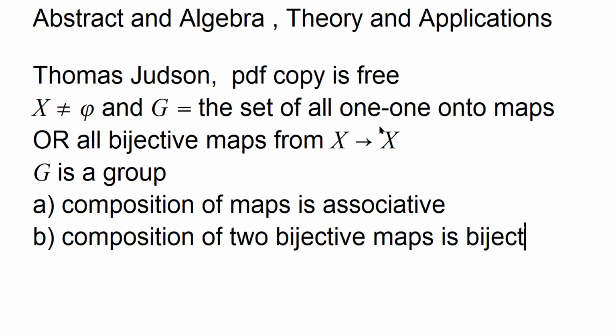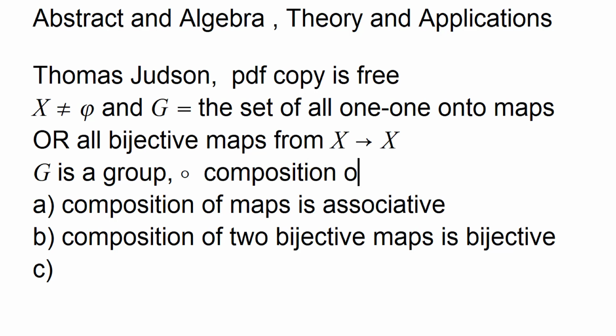So that shows we have closure in G. That is, if I take two bijective maps from X to X, their composition is also a bijection. I did not mention it here, but the operation is the composition of maps. I don't know why I am rushing again. Let me not do that.